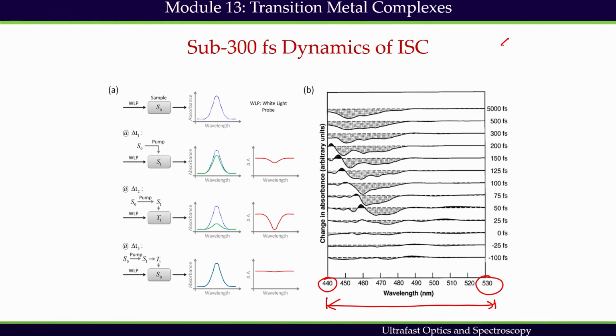So, 475 nanometer was used to excite this ruthenium complex to the singlet metal to ligand charge transfer state, and then as a function of time, the absorption is monitored.